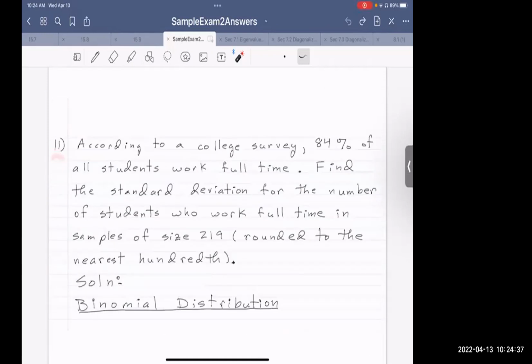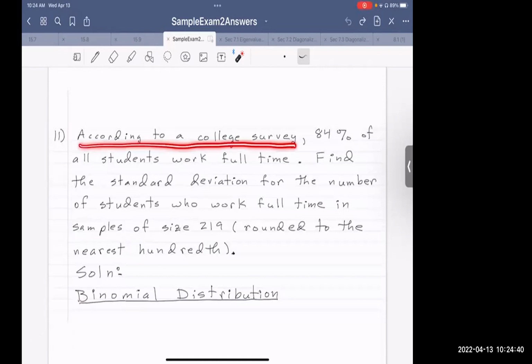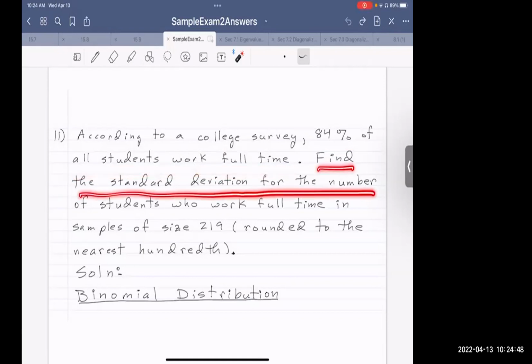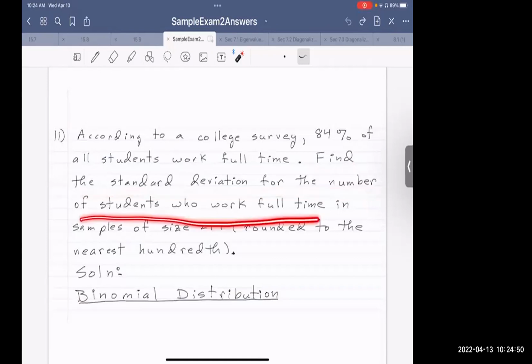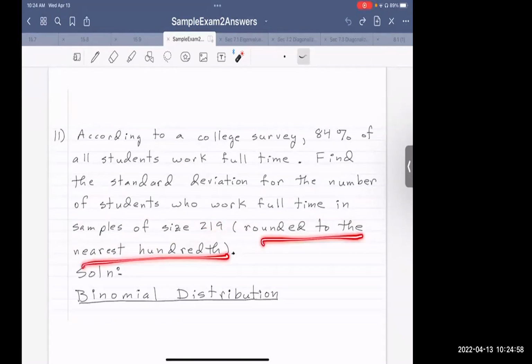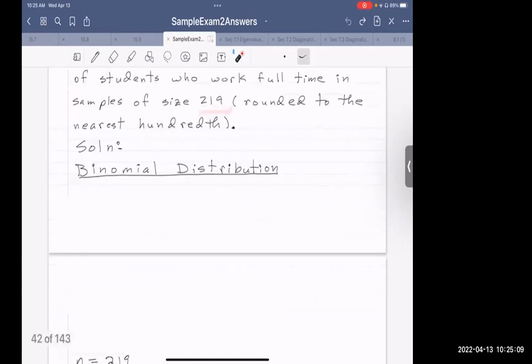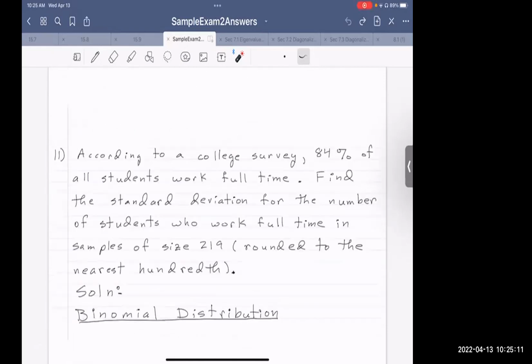Problem number 11. According to a college survey, 84% of all students work full-time. Find the standard deviation for the number of students who work full-time in the sample of size 219, rounded to the nearest hundredth. So this is a binomial distribution. We have a fixed finite number of independent trials, 219. Success is that they work full-time.